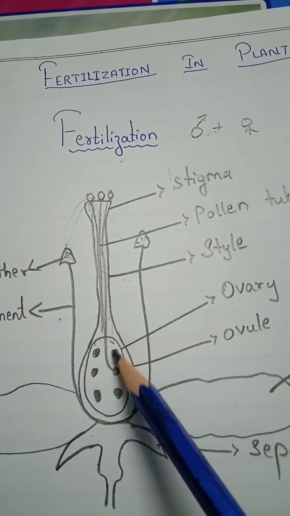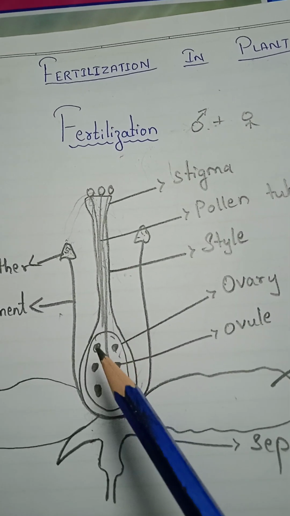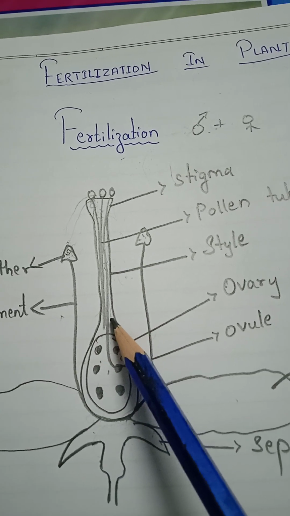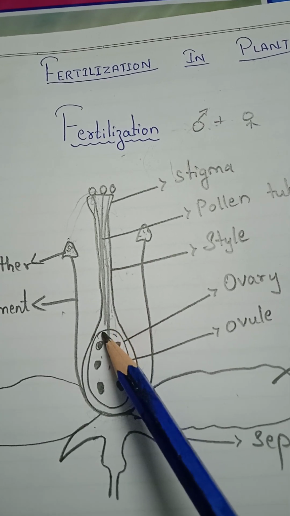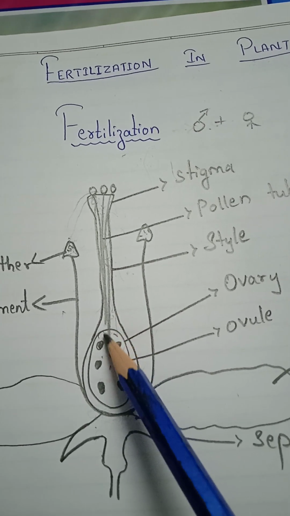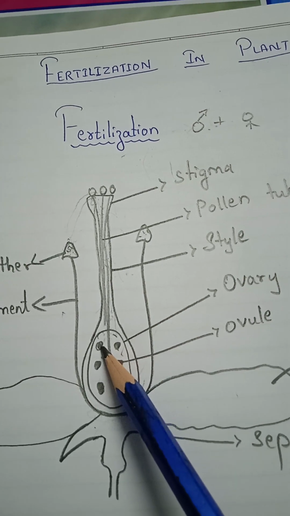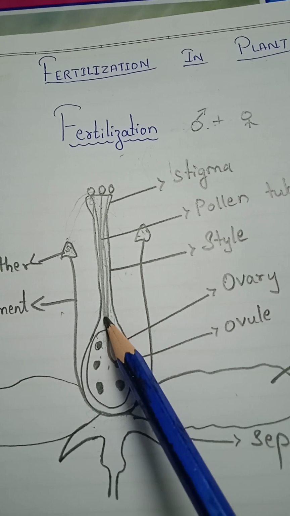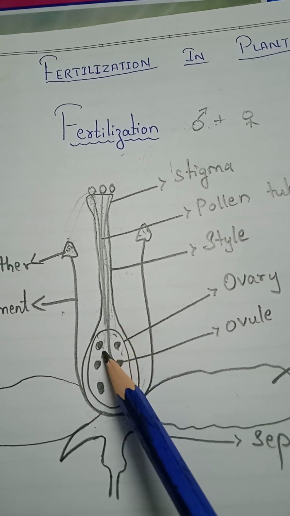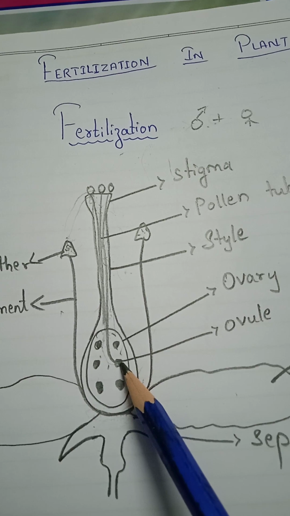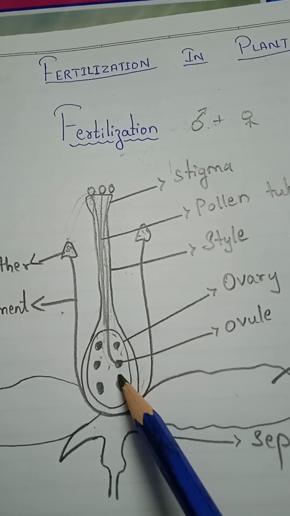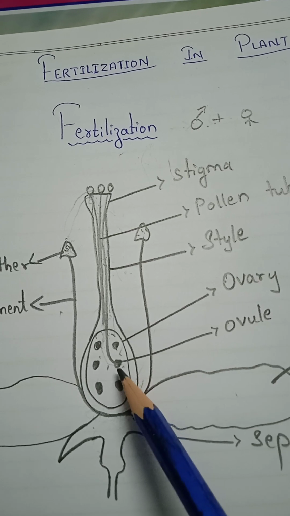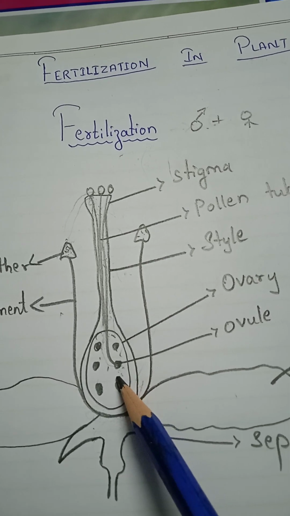After reaching the ovary, the male reproductive cell from the pollen tube enters the ovule and fuses with the female reproductive cell present in it.